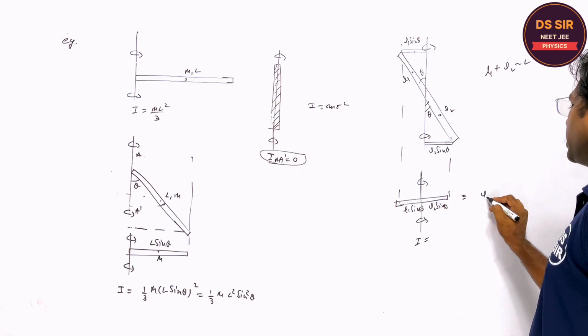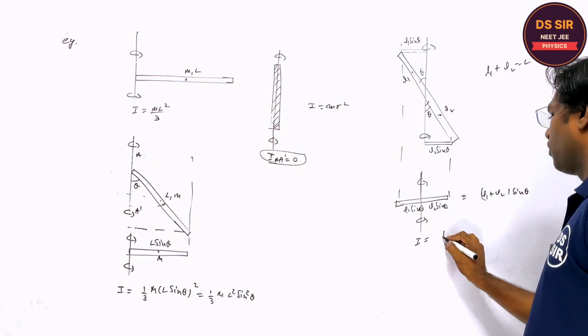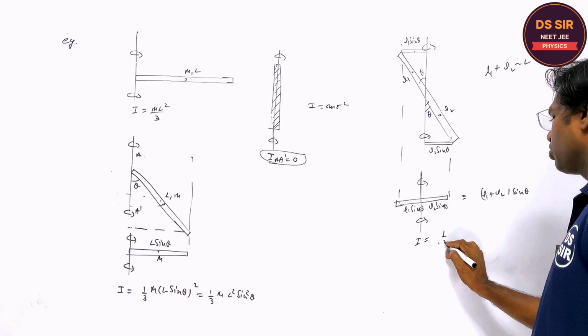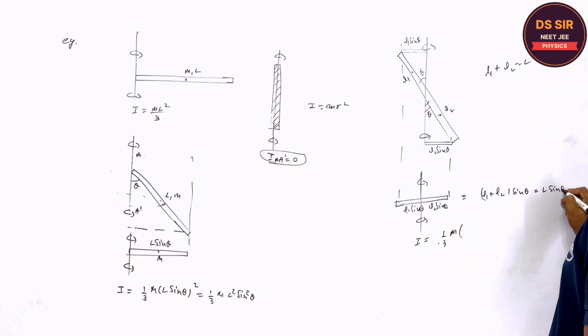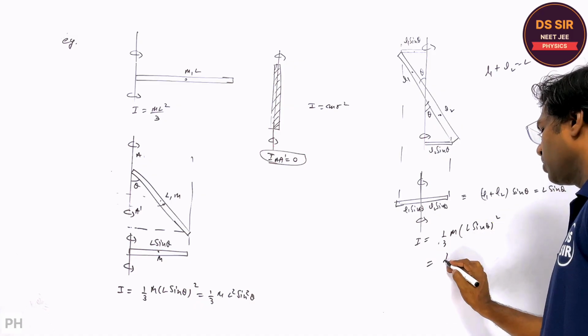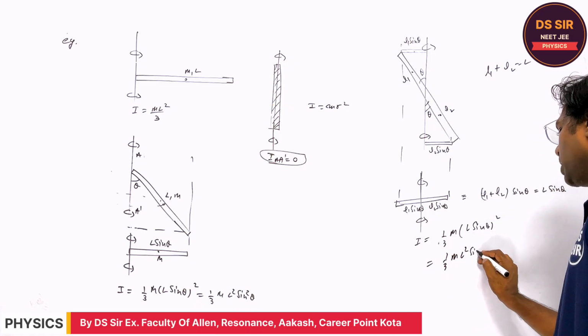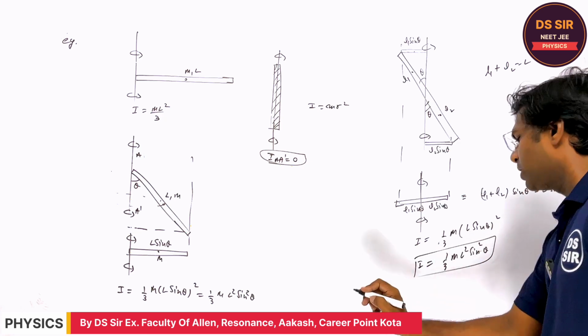It is better to write the total length sine theta, right? So 1 by 3 m and L1 plus L2 is what? Say L sine theta. So the L sine theta is the answer only, right? 1 upon 3 ml square sine square theta. The same answer you will get. Are you getting or not?